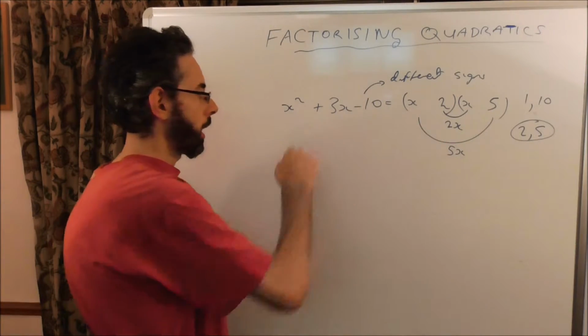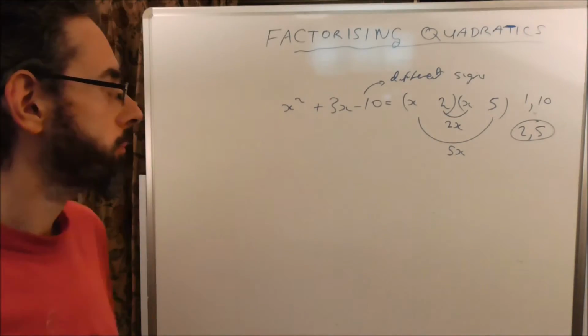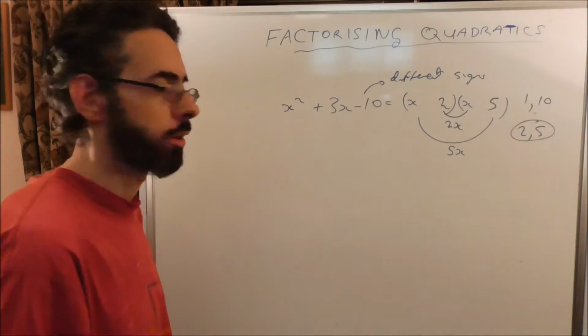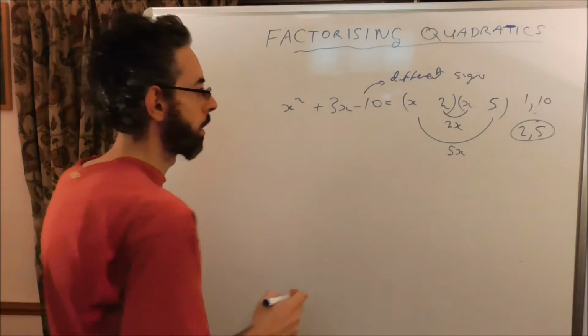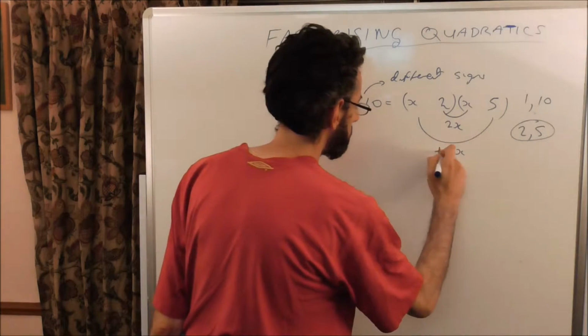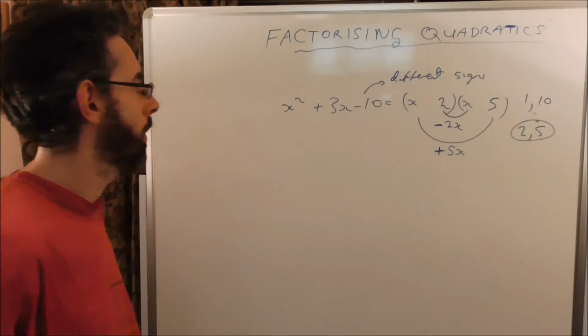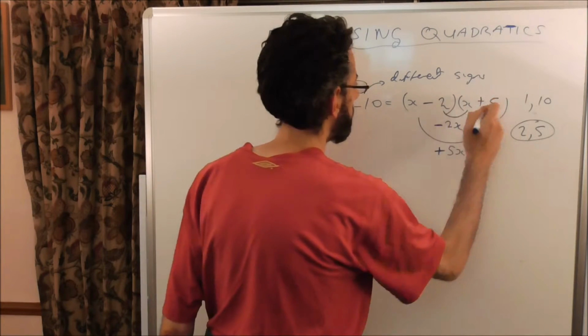For these to add up to 3x, which one would need to be positive and which one would need to be negative? Well, to get a positive total, 3x, the bigger one would need to be positive and the smaller one would need to be negative. So we would need positive 5x and negative 2x. That would work. So it's got to be minus 2 and plus 5.